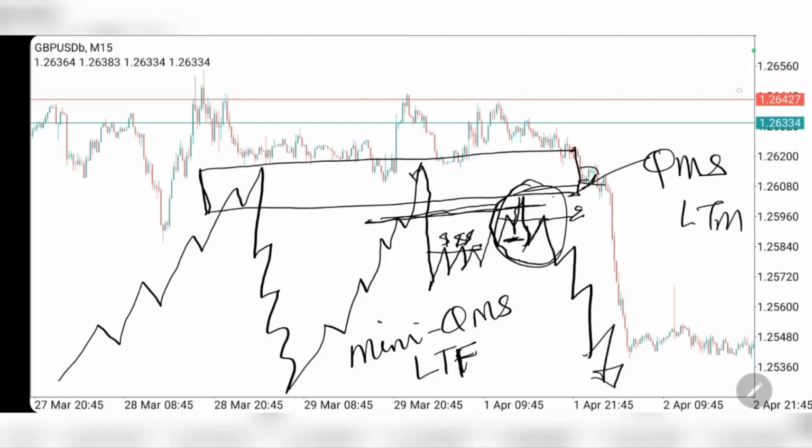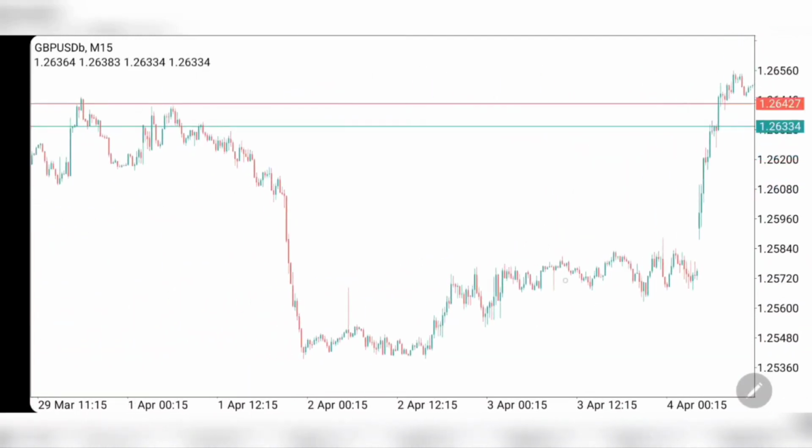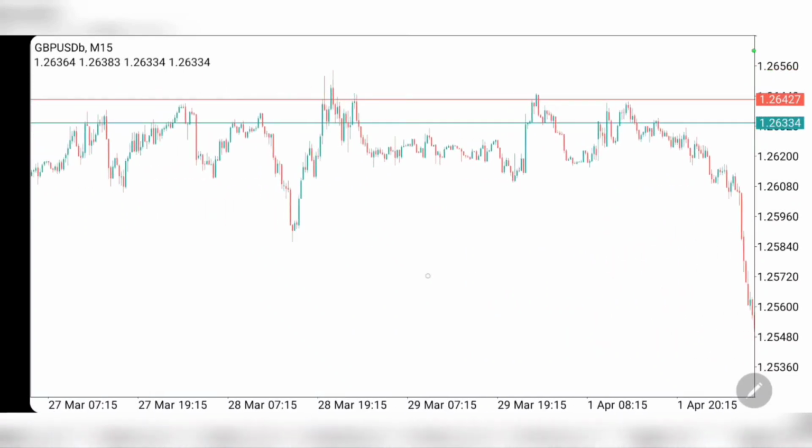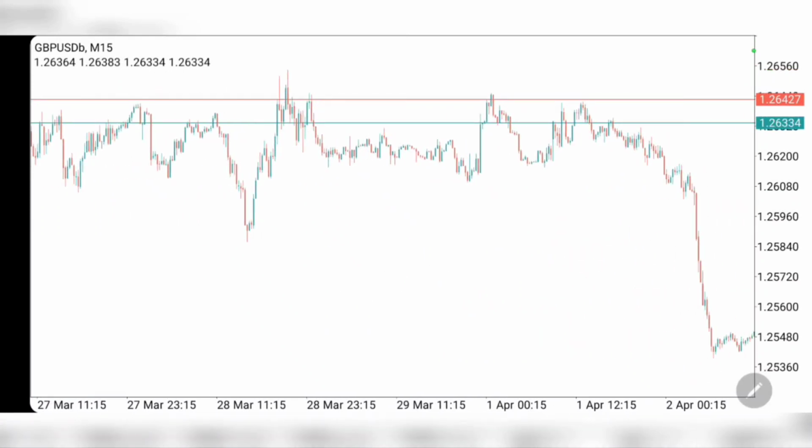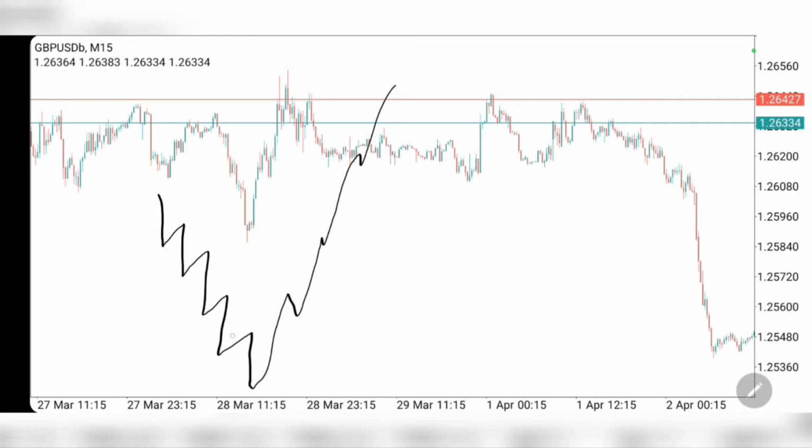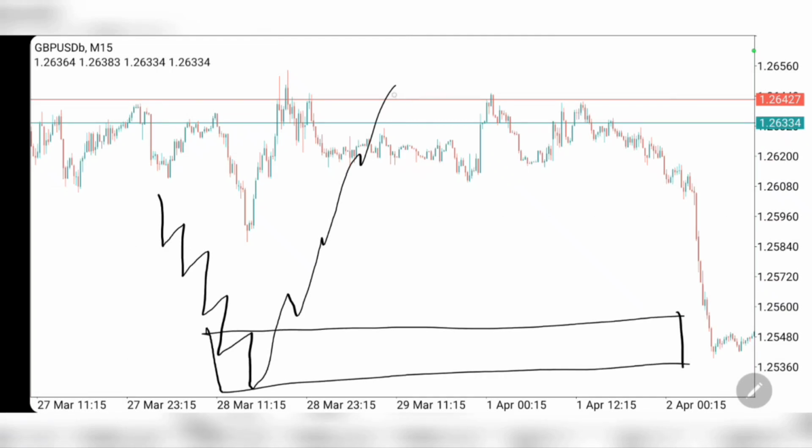So let us look at a buy version of this setup. We have shown you the sell setup of it. So for the buy version of the third Quasimodo strategy, or advanced strategy, price gives you a demand zone. You have a demand zone created right there, and now the market comes into the zone.